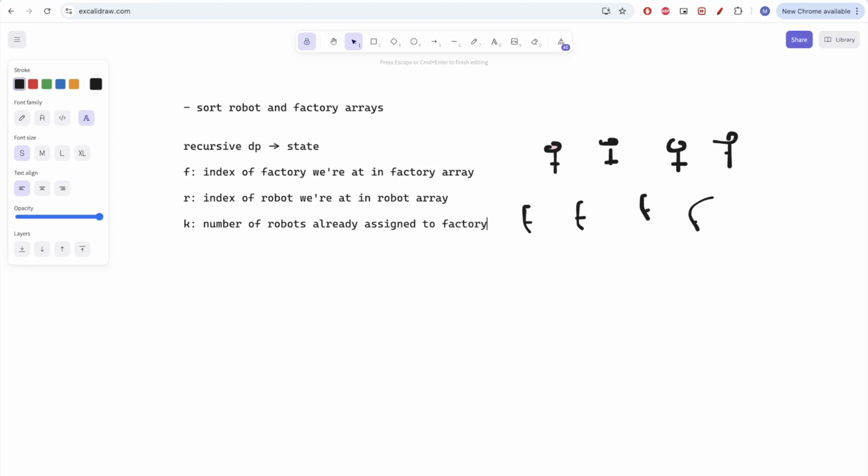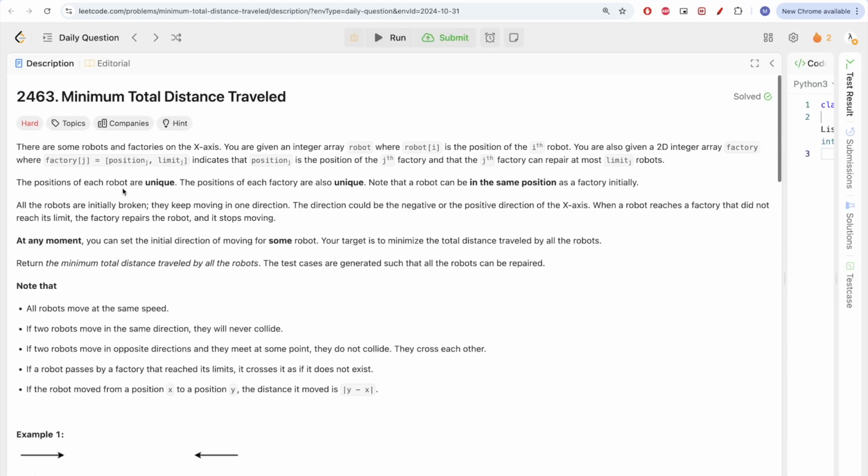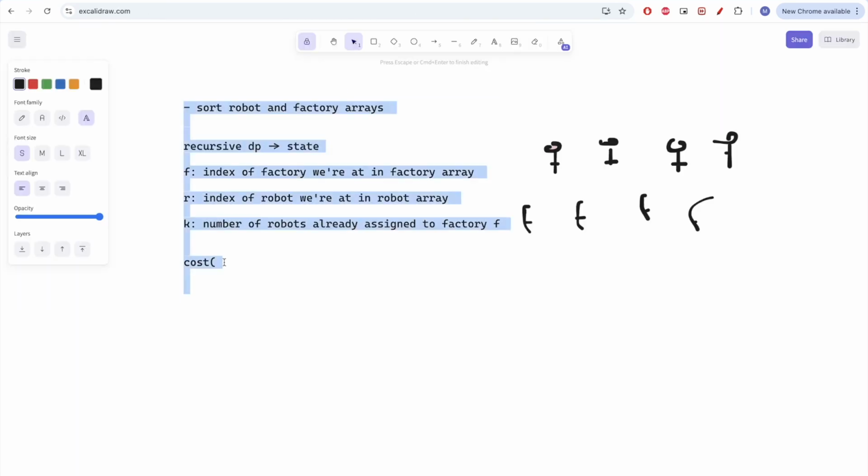Now, the other thing, you need the parameters for the function, but you also need what the function returns. So our function, let's call it cost, because we are trying to minimize the total cost. That's what we are trying to minimize. So that needs to be our function value.